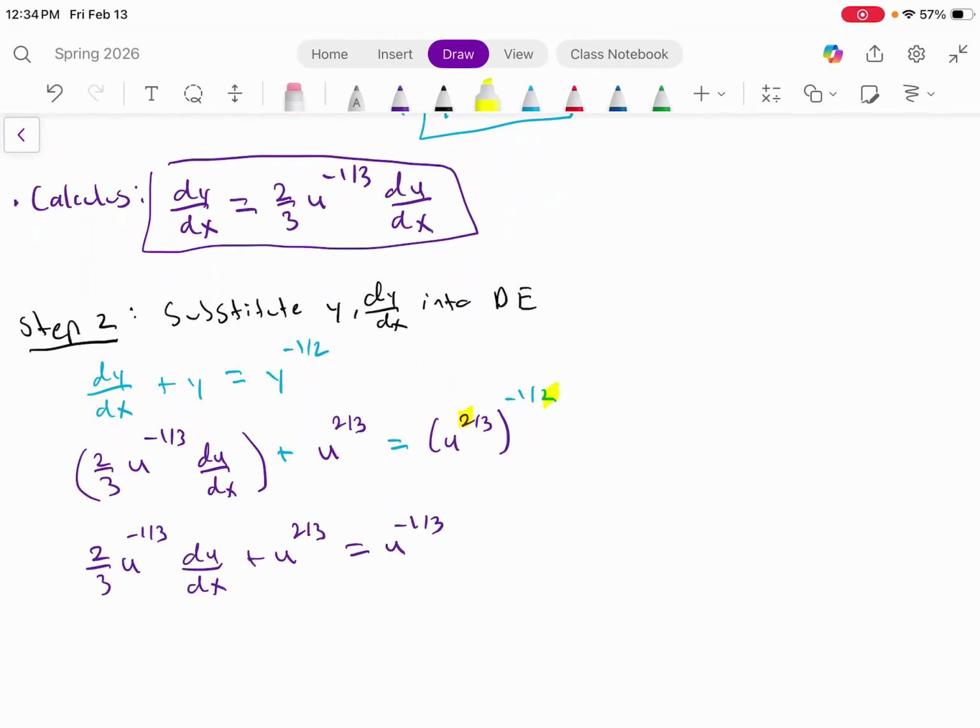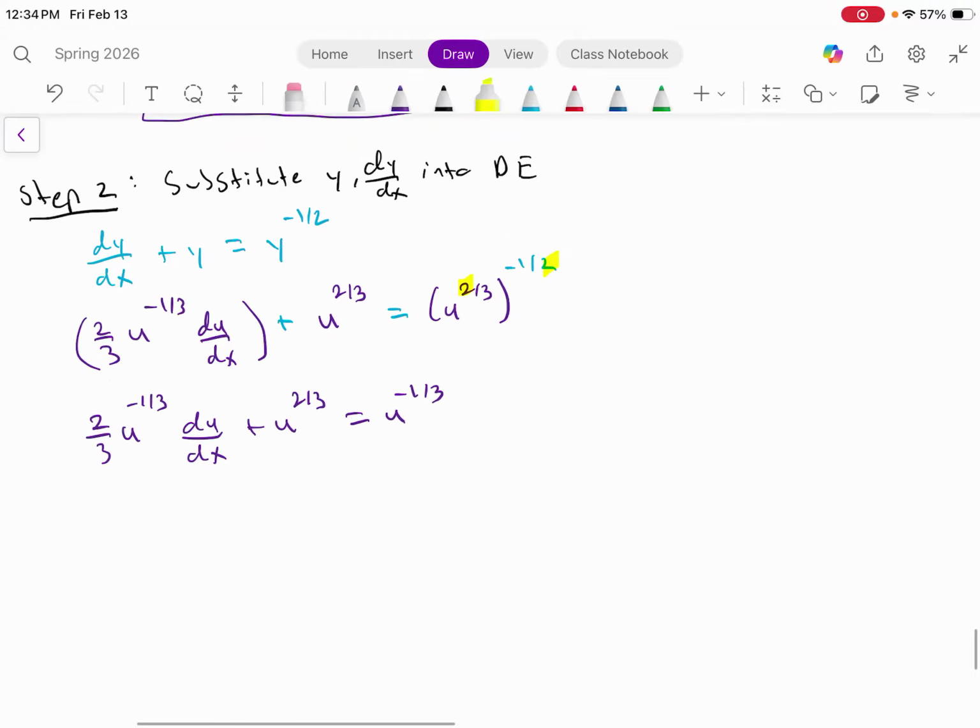Okay, so let's rewrite this one more time. This will make it easier when we get into our linear equation time. Let's bring these negative exponents down into the bottom.